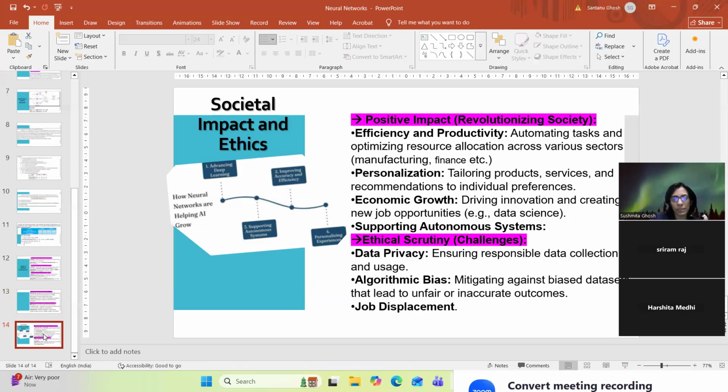So the detailed needs to be done. The diagram can be added. Being a 4-marker, we'll have to put more into it. But basically, positive impacts are also there in the future or impact of neural networks. Negative impacts are obviously there whenever there's data involved.